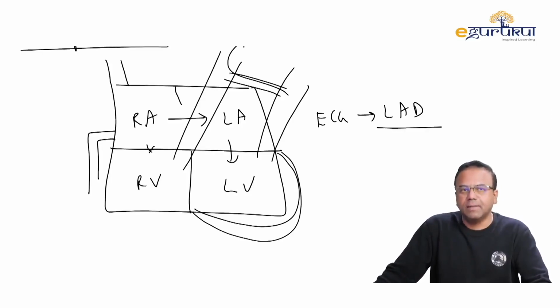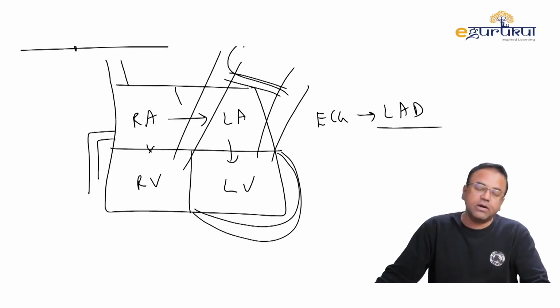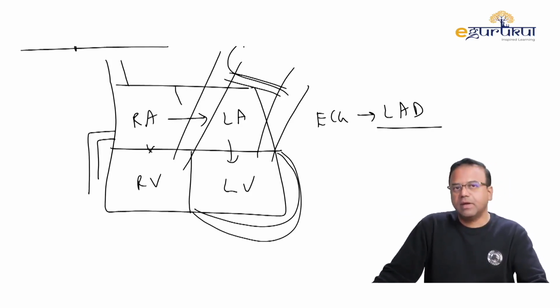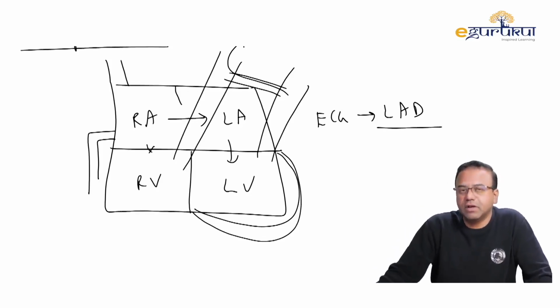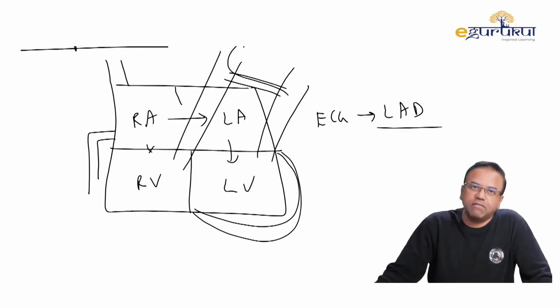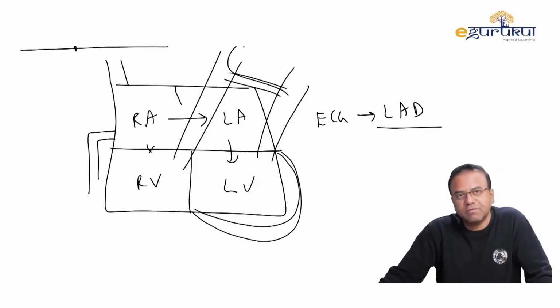In tricuspid atresia, what's happening? The blood comes through the SVC and IVC into the right atrium. Right atrial blood cannot enter the right ventricle because the tricuspid valve is atretic. The RV becomes hypoplastic. The blood from the RA drains into the left atrium. As I already explained earlier with the fetal circulation, the two conditions where the atrial septum has to remain open are tricuspid atresia and anomalous pulmonary venous drainage, particularly total anomalous pulmonary venous drainage.